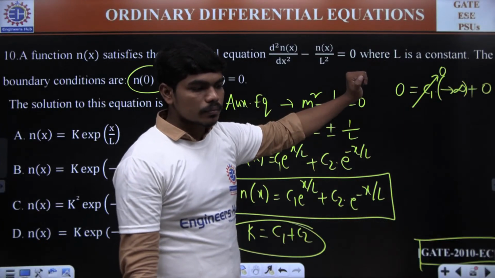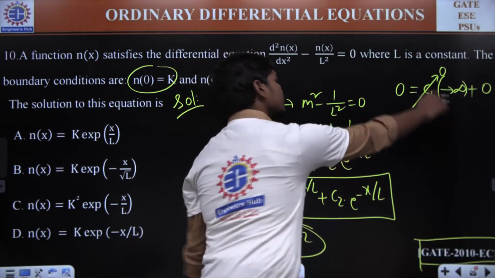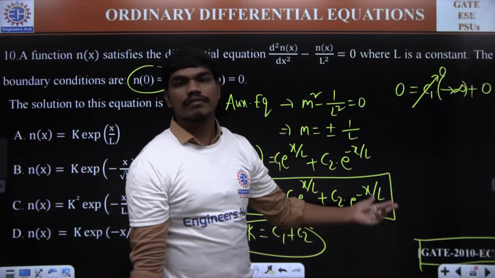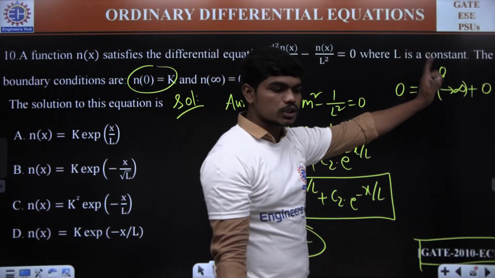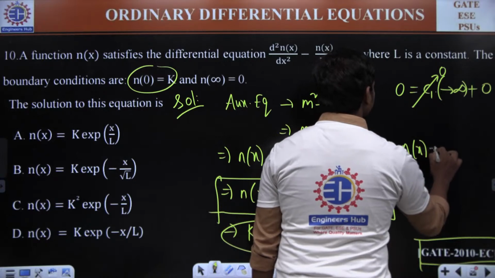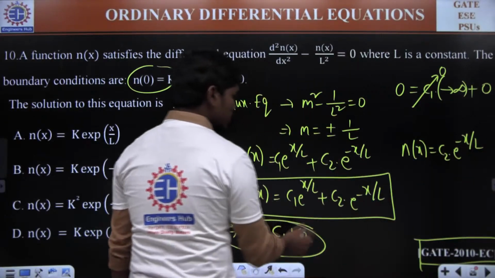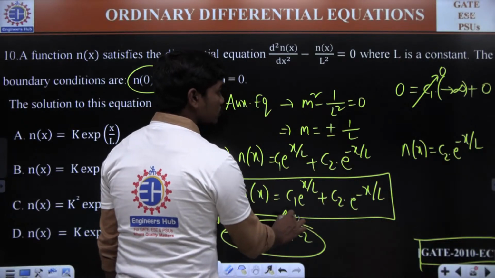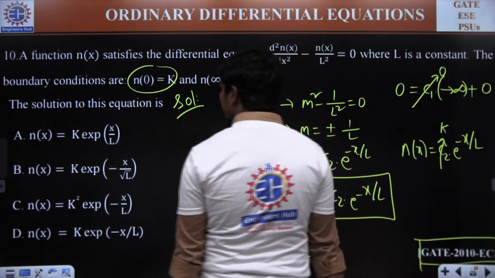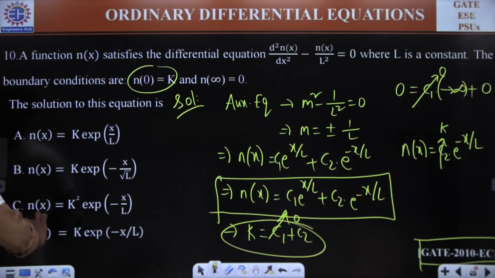So c1 is 0, which means n of x is c2 into e power minus x by L, and since c1 plus c2 is k, c2 is equal to k. So k times e power minus x by L, which is option D.